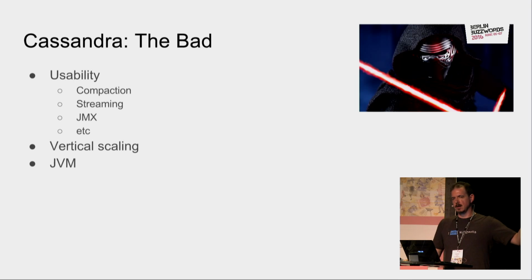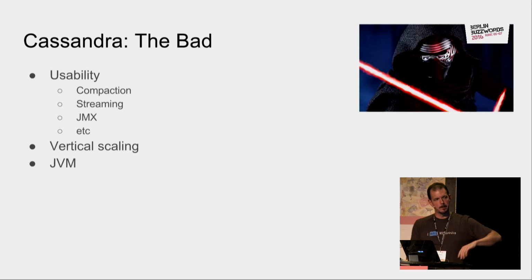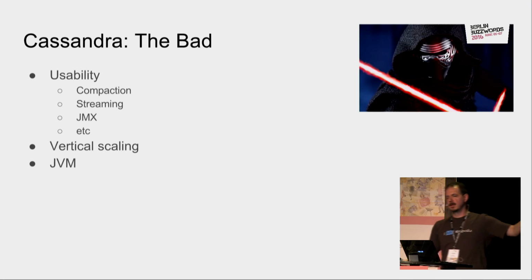Compaction, perhaps this is getting overcritical, but compaction is a pretty good example. The fact that you have to worry about this at all, that it's more than simply an implementation detail, is kind of bad from the usability standpoint.